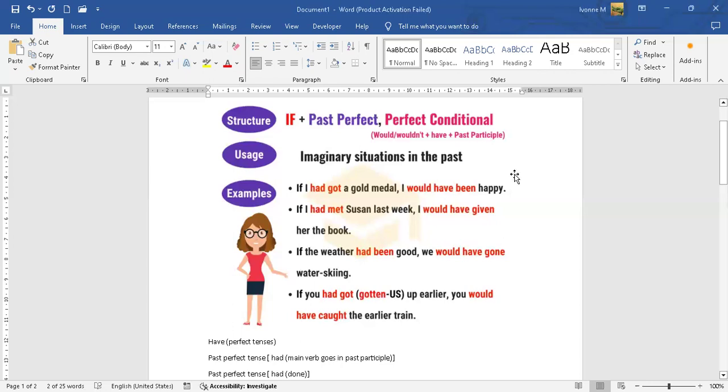So let's say that this is the girl and she's talking. And this is her sentence. So the real situation is she is not happy because she didn't get a gold medal.